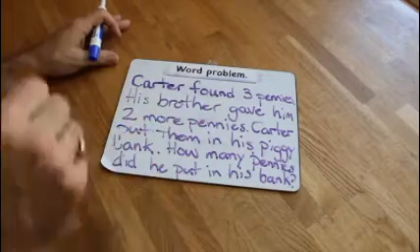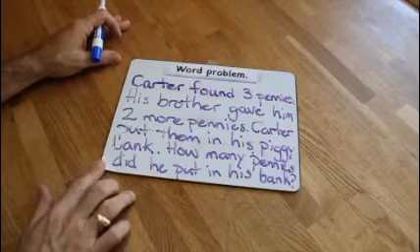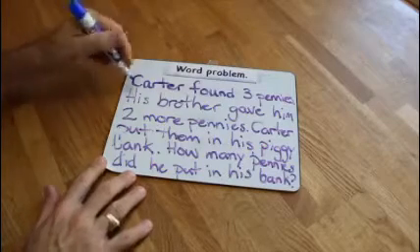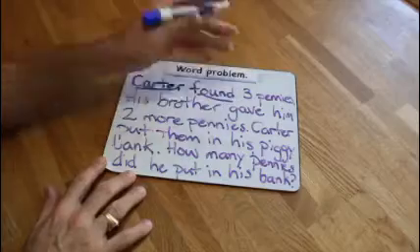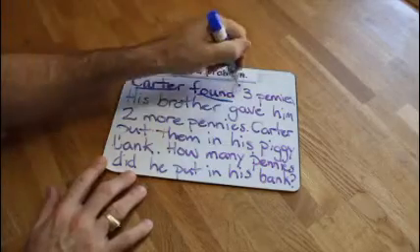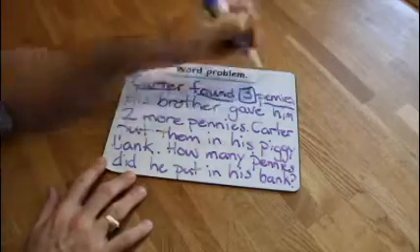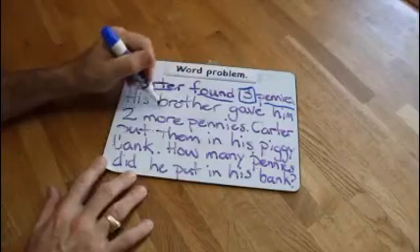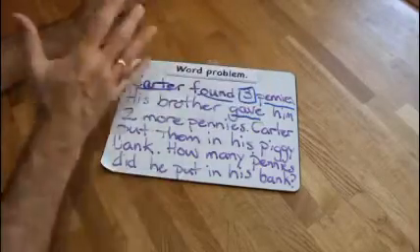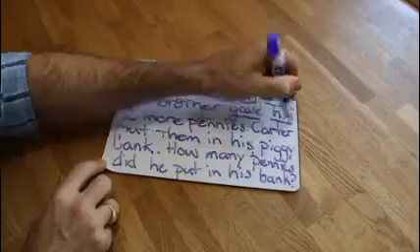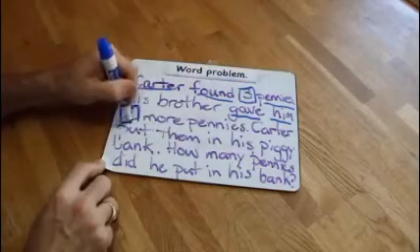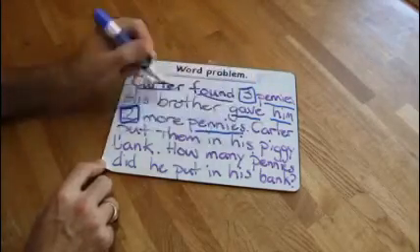Okay, you can do your mental math, but let's go back and read it again and find the important information. Carter found, that means he got them. He didn't have them before. 3 pennies. His brother gave, so that means they gave Carter 2 more pennies.